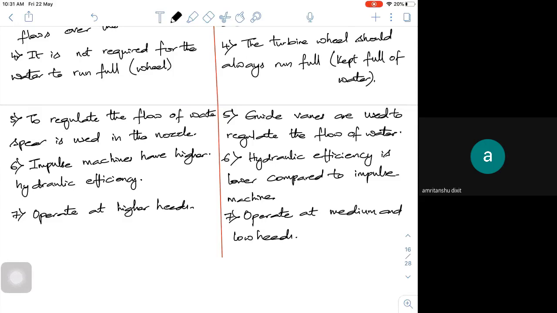If there are any leakages, all those things we found in a reaction turbine, it's a little bit difficult to control. That difficulty we have in case of a reaction turbine. So that problem is not there in the Pelton turbine. And reaction turbines are vertically mounted. That also you can bring in. So your impulse machines are almost horizontal.